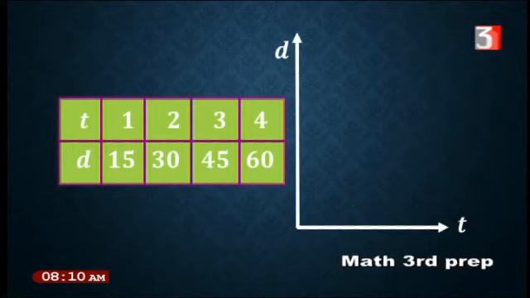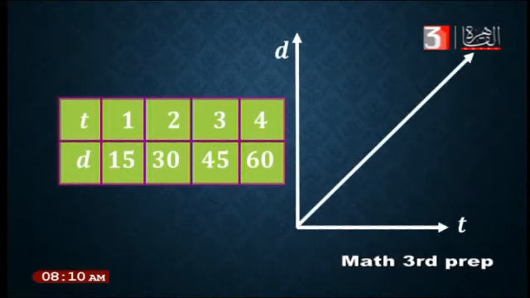So in this case, representing such a relation graphically will look like what is in front of you. It will be a straight line passing through the origin. And in this case, we say that the increase in the time is equivalent to an increase in the distance.